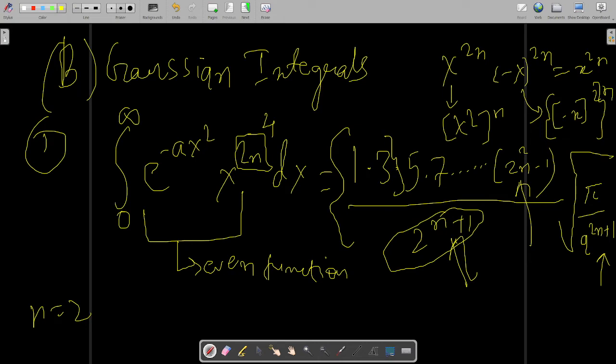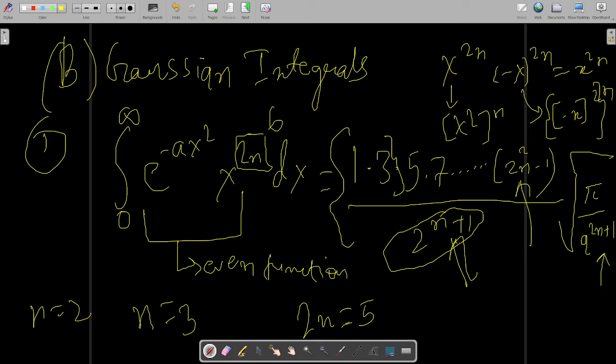Similarly, if instead of this 4, suppose I take 6, then clearly your n value will be equal to 3. Now never ever make the mistake of taking 2n equal to 5. It is not an odd number, beta. That's why I have written 2n, in order to denote even numbers specifically.